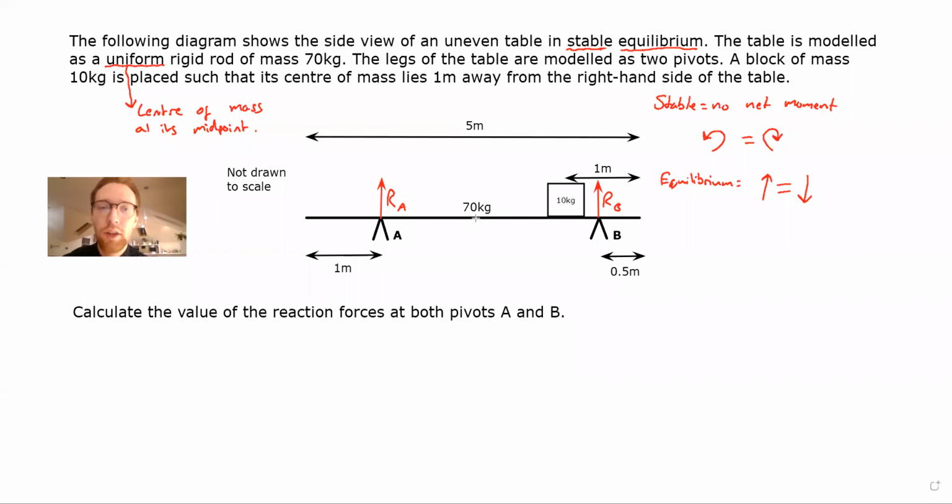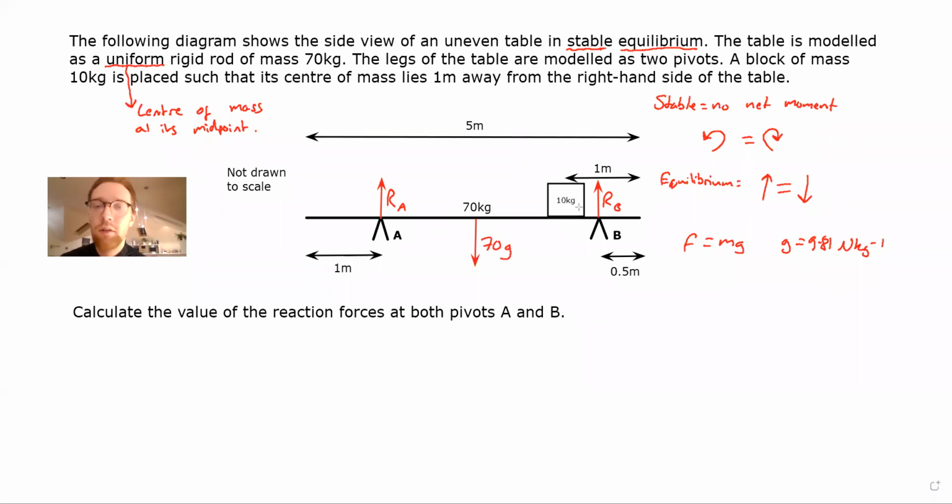Well, one of them is going to be the weight of the rod. So that's going to be 70 kilograms times, if you remember, weight, F equals mg, where g is 9.81 newtons per kilogram. So the weight is going to be 70 times g.